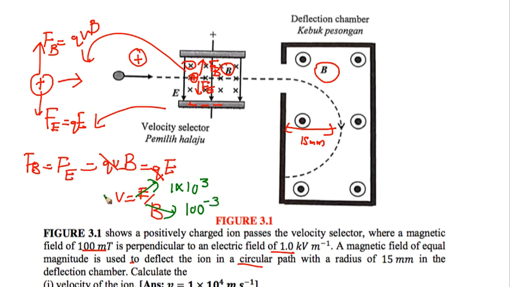So you can find the speed is 1 times 10 to the 4 meters per second. This is the speed of the particle.